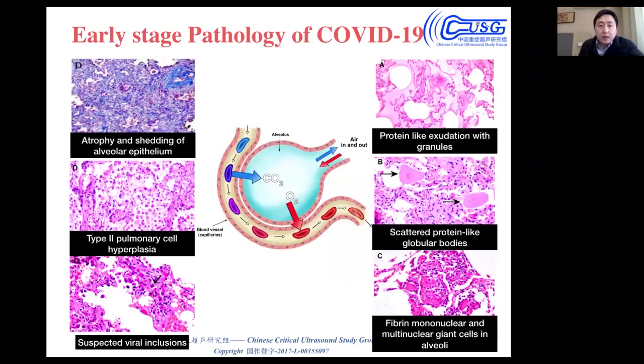Fortunately, we can see the biopsy results of early stage COVID-19. The damage happens to the epithelial cells and the alveoli, and the vasculature and endothelium are not damaged in the early stage.